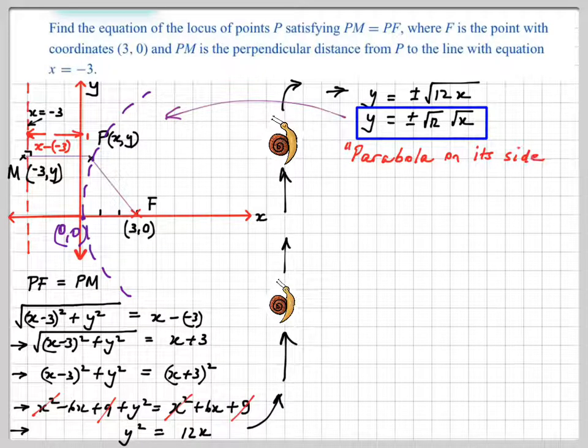Now, look at that. That is a parabola on its side. That's what that is, and I drew it in, okay? That's what that is, it's a parabola. And F, I'm getting all physicsy now, F is the focus of the parabola, okay? And I could go on and on about how exciting that stuff is. And the line x equals -3, the vertical line, is a funny little beastie called the directrix. But we don't need to know any of that for this.